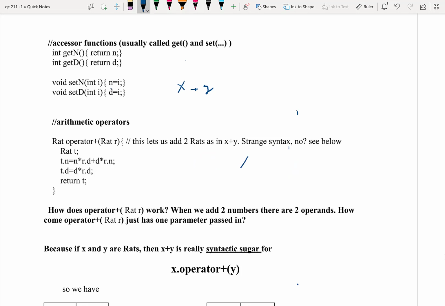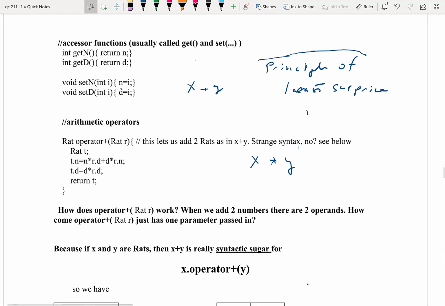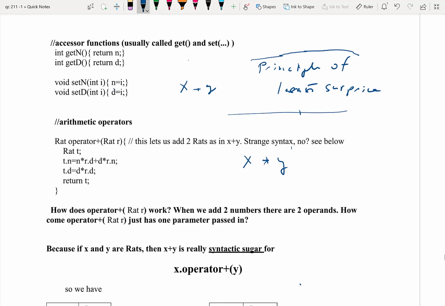So if you want to define x plus y, you're not going to define it with a multiply operator, because in software design there's an important principle called the principle of least surprise. In other words, if you want to define subtraction, don't use the multiply operator.